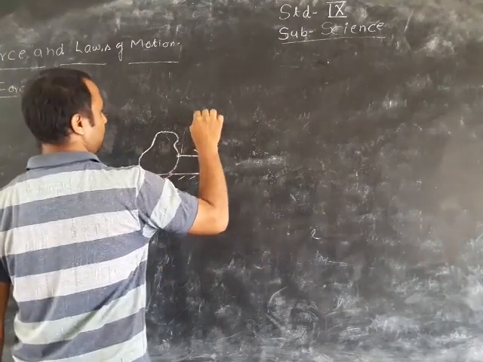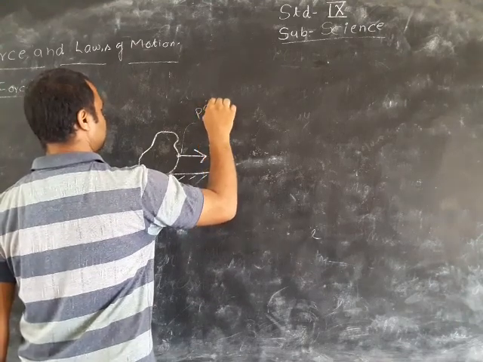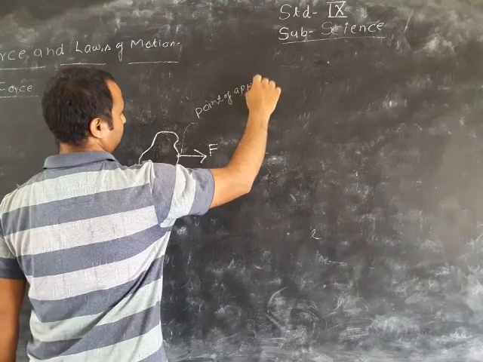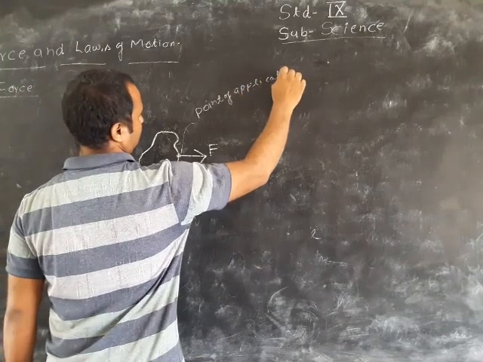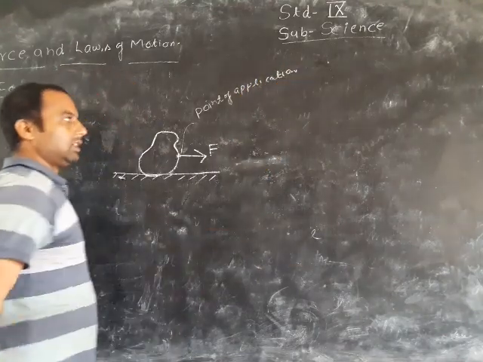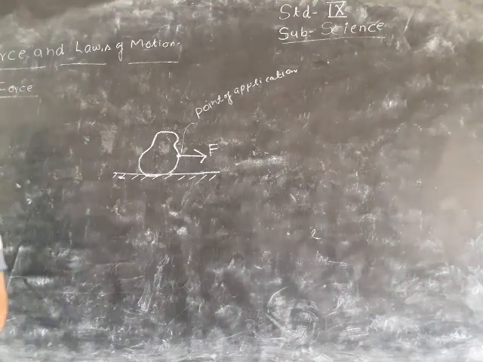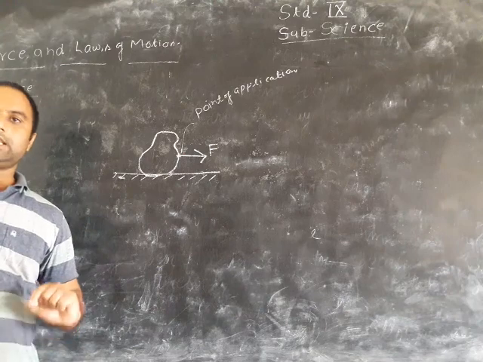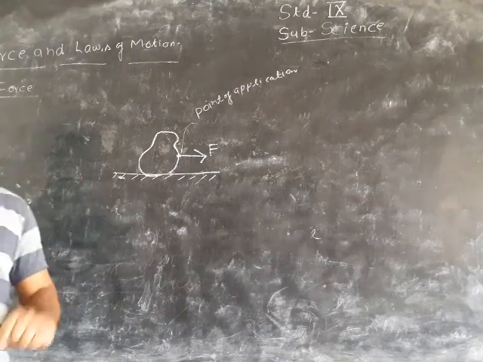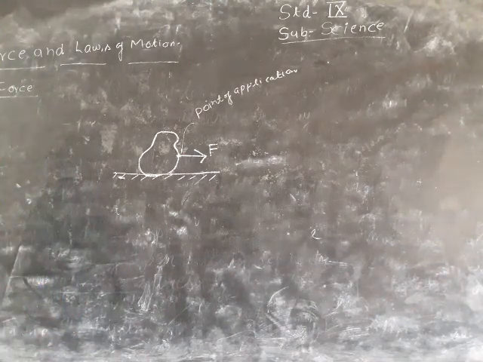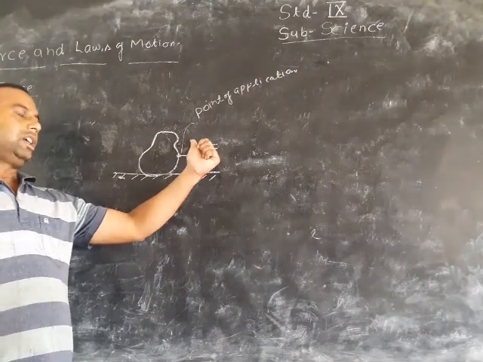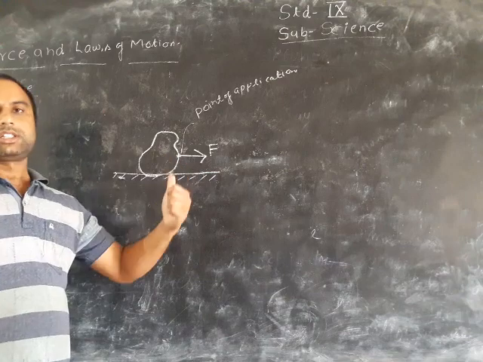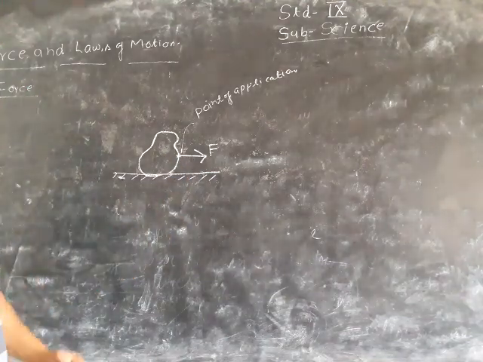That point is known as the point of application. The point of application is the point where the force is acting, and the force is applied at that particular point.